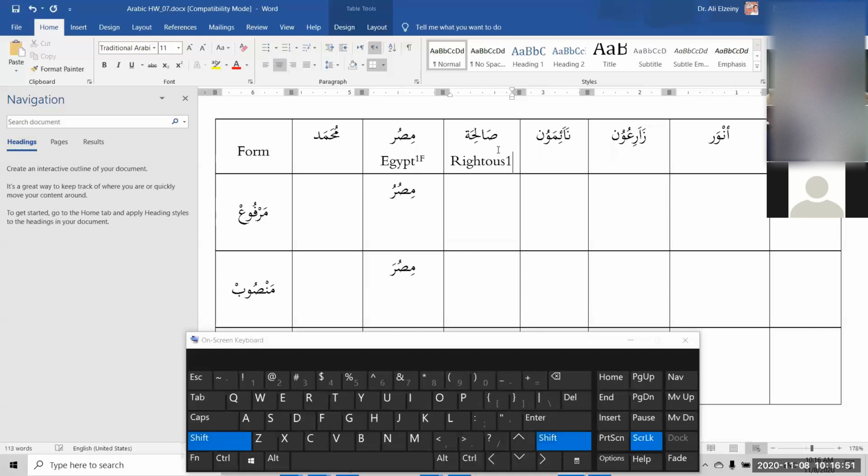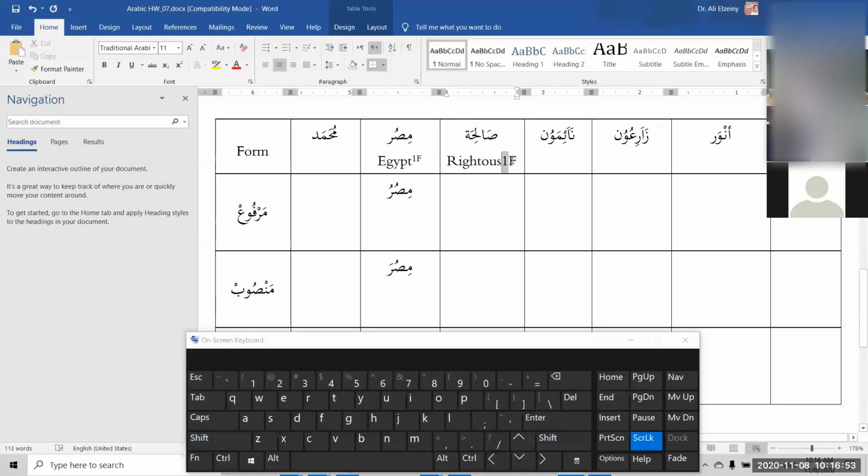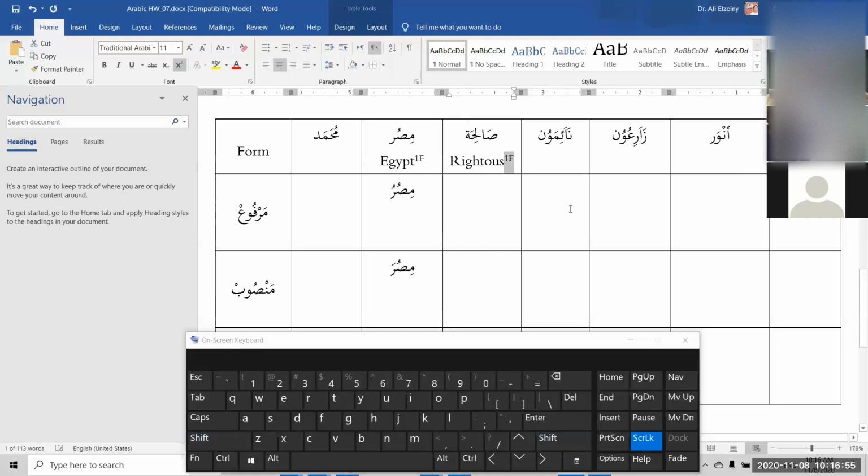And it is 1F, superscript. Okay, so let's assume it is a name of a girl. So we can add here a note to say it's a name of a girl.